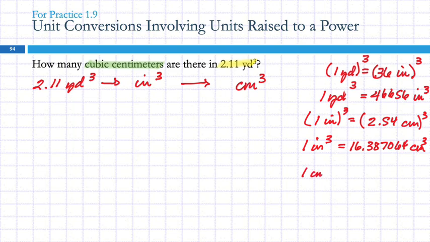You could also put into your equation 2.54 cubed centimeters cubed and do the cubing as part of your calculation, whatever makes more sense to you. So we're using this one and this one. We've got our path, we're just going to follow the path.